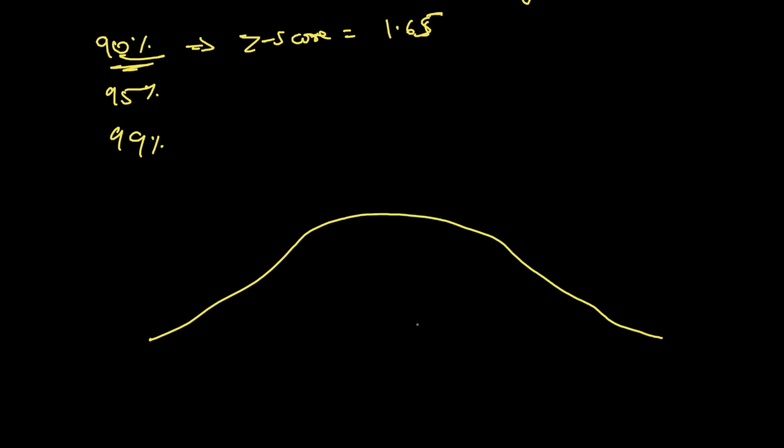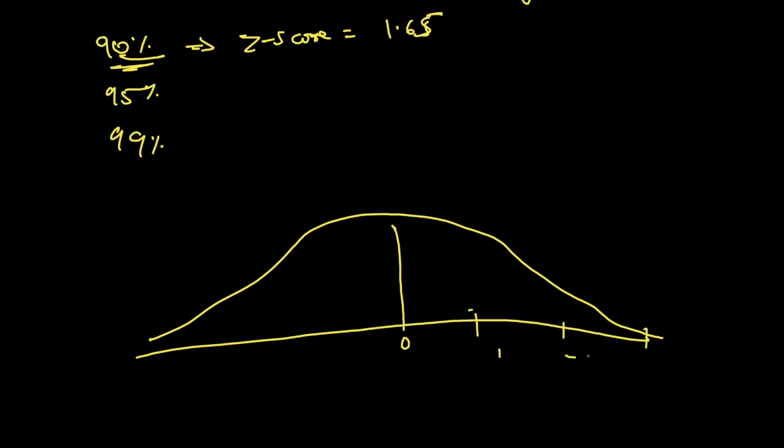If I draw a graph, this is 0, 1, 2, 3, and here -1, -2, -3. So 90 percentage of the time, the data will fall between minus 1.65 and plus 1.65.